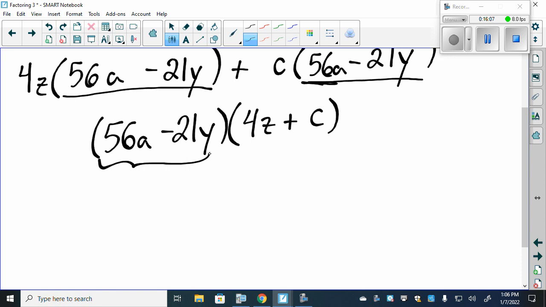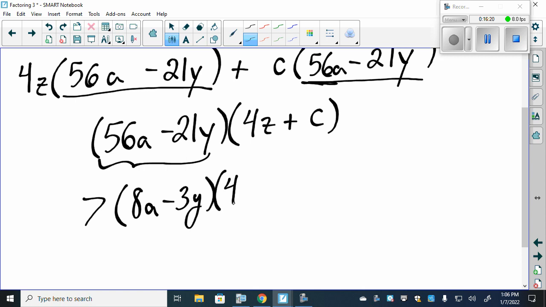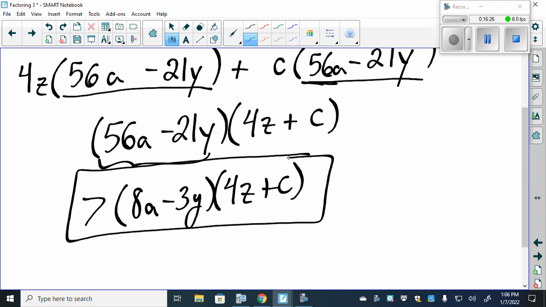So we'll have to factor it out. 56 divided by 7 is a minus, and that there would be the final answer.